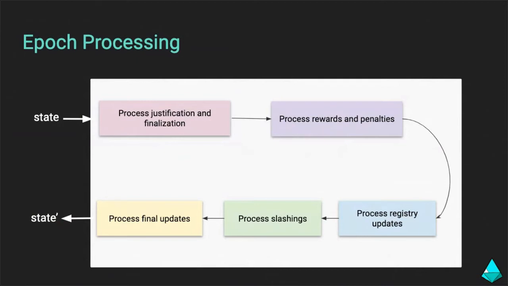So you look at the state, you see whether I can justify the state, whether I can finalize the state, and then you update validators' balance within the state, and then you process registry update, which means that you activate, you add new validators, and then you make sure whether there's any slashing that had happened in the previous epoch. And if there's slashing, then you slash the validators, you keep the validator out, and so on.